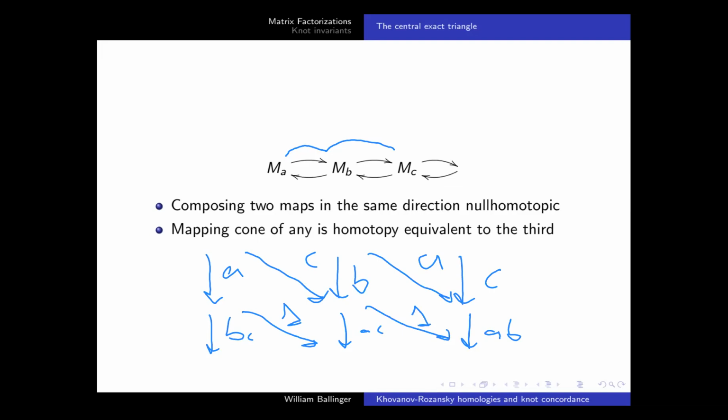So what you get in the composite is the map that's, well, you trace it through. You get multiplication by C up here, and multiplication by A down here, and that's null homotopic because your homotopy goes something like this. It's like a copy of 1 here. Okay.